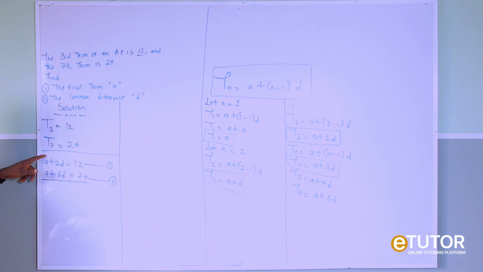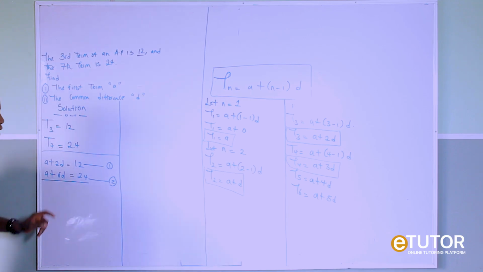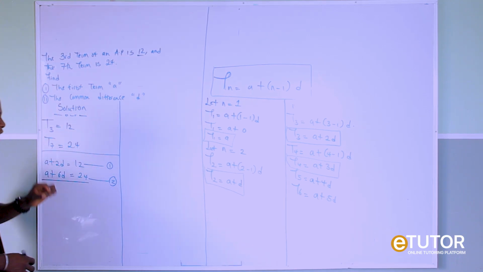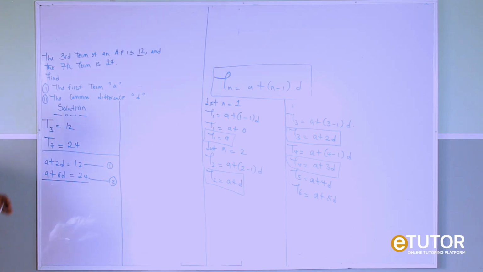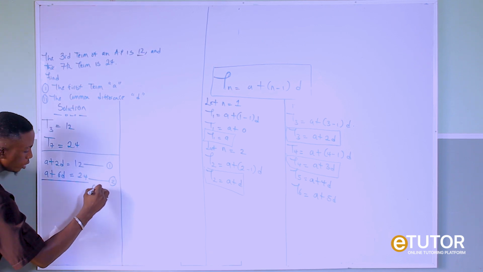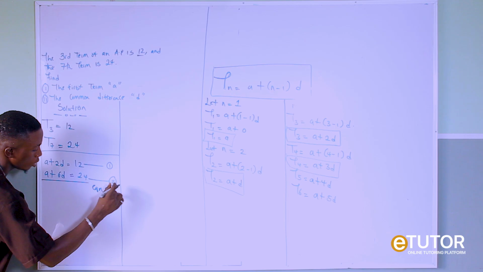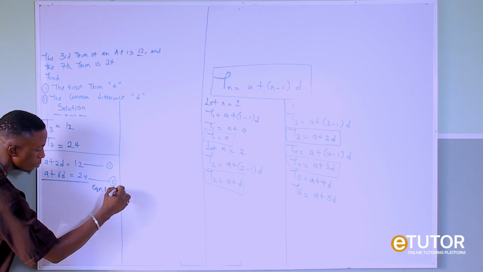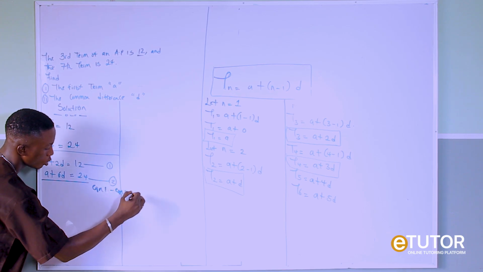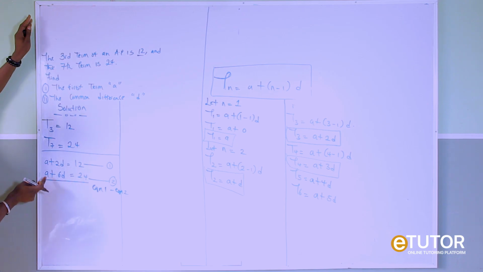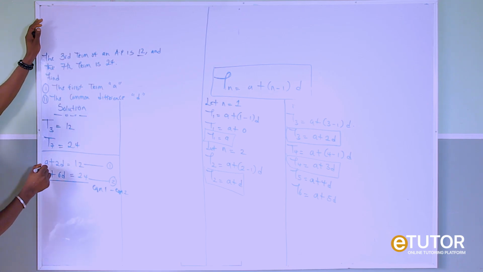We have a plus 2d equals 12, and a plus 6d equals 24. The aim of elimination is to eliminate a particular variable. You can choose to eliminate any variable here, but for this we are going to eliminate a. So we are doing equation 1 minus equation 2. Put the sign there.